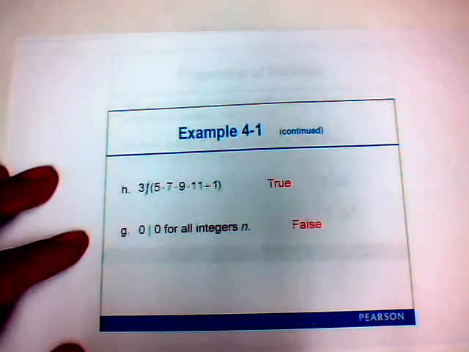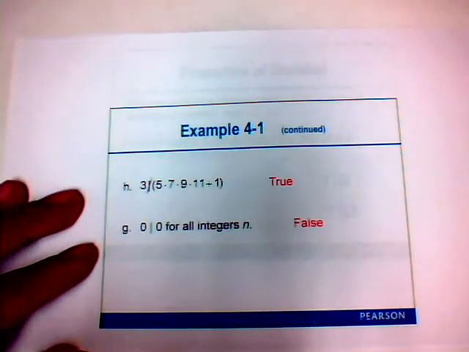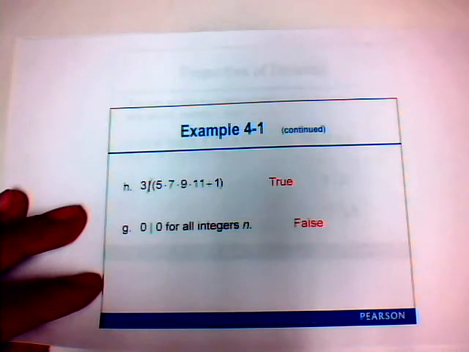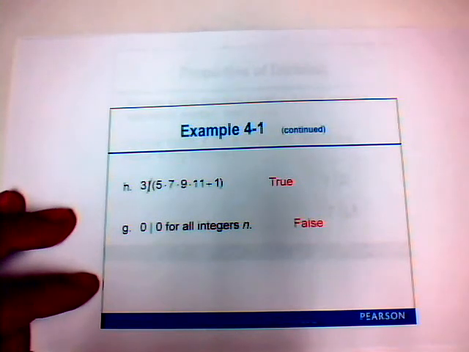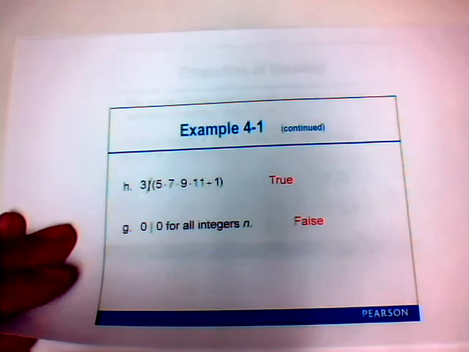Part H, 3 does not divide the sum of 5 times 7 times 9 times 11 and 1. That's true. Because if we take 5 times 7 times 9 times 11, that would give you 3,465.